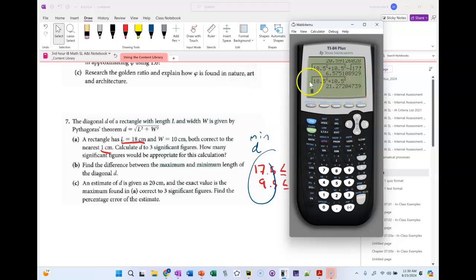So that's what they're saying to use for the exact value. So now I'll just do that percent error calculation. So math, number, pick that absolute value, then pick the fraction bar, approximate minus exact.